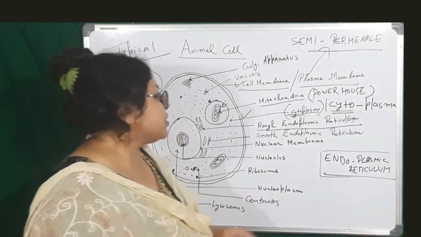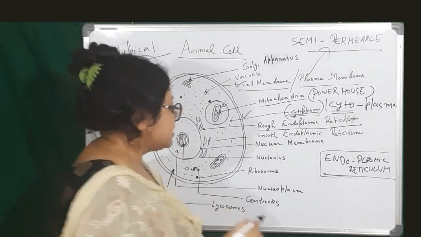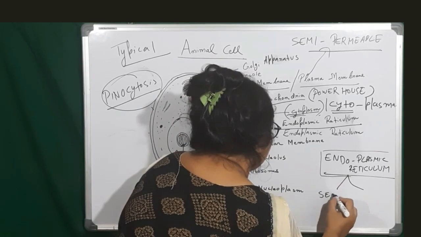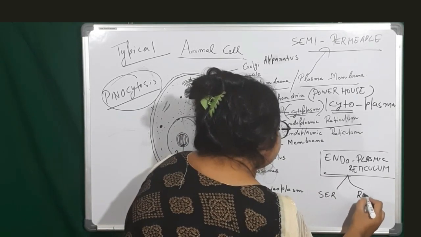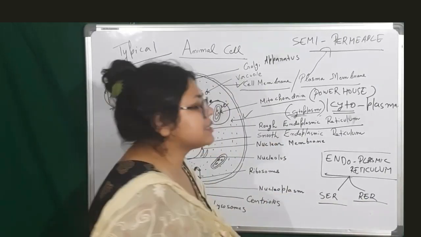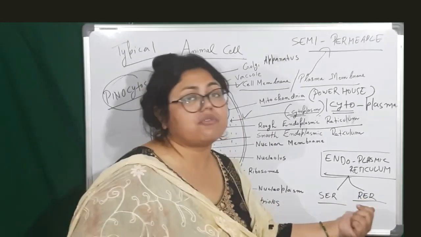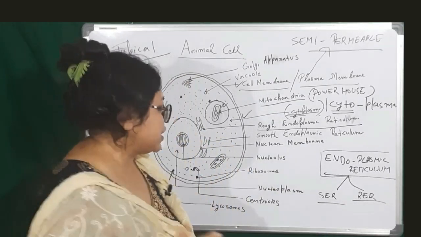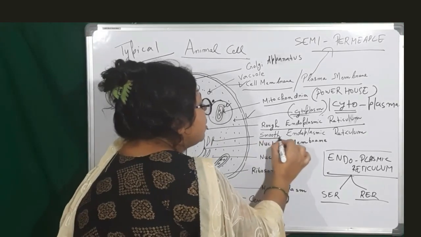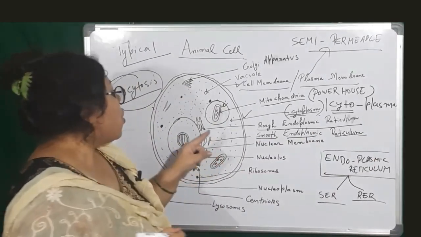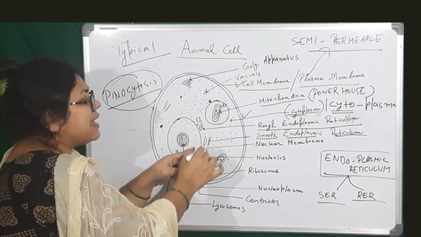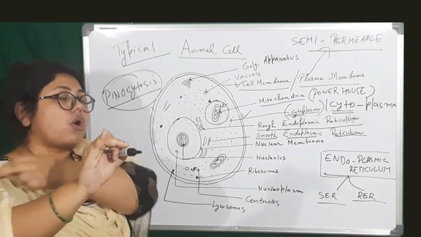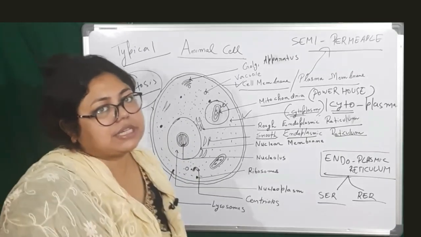Now, the endoplasmic reticulum can be of two types, right? One is the SER and the other is the RER. Often questions come: what is the function of SER, or what is the function of RER? SER means smooth endoplasmic reticulum. When the endoplasmic reticulum is like this and there are no ribosomes attached to it, it is called a smooth endoplasmic reticulum.